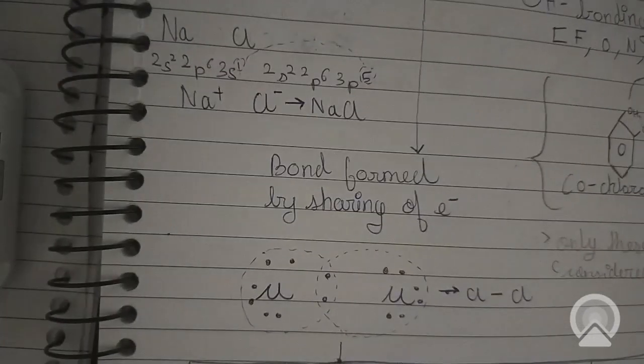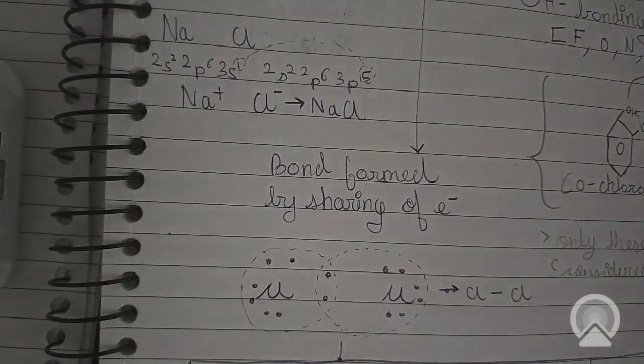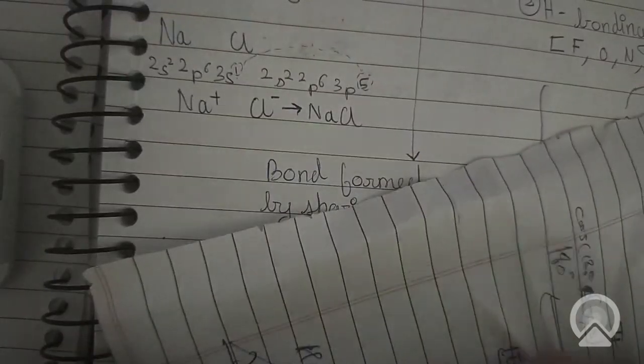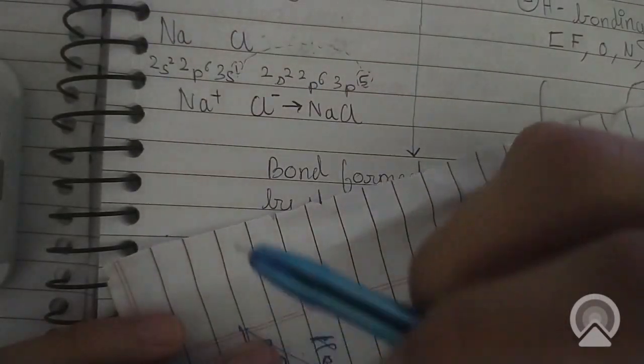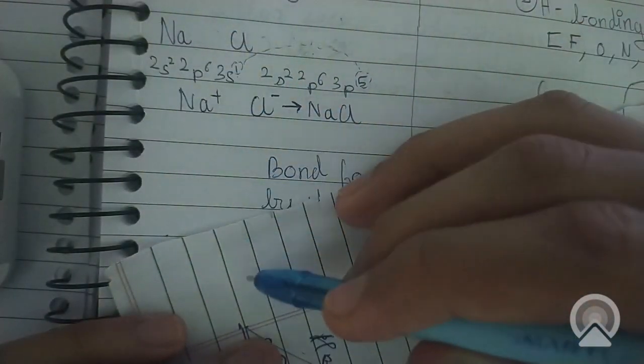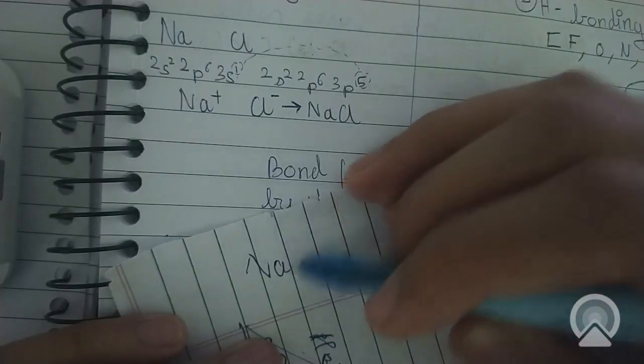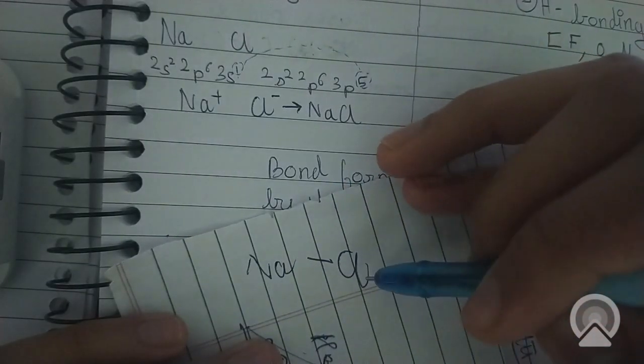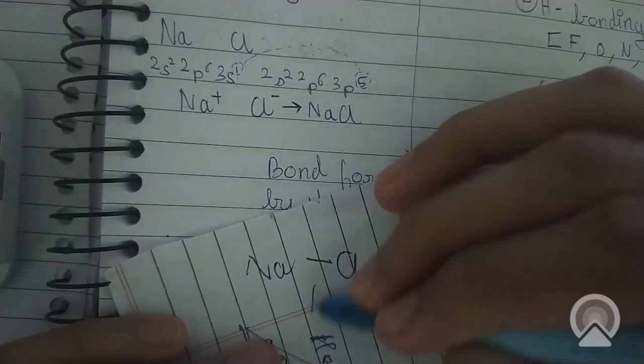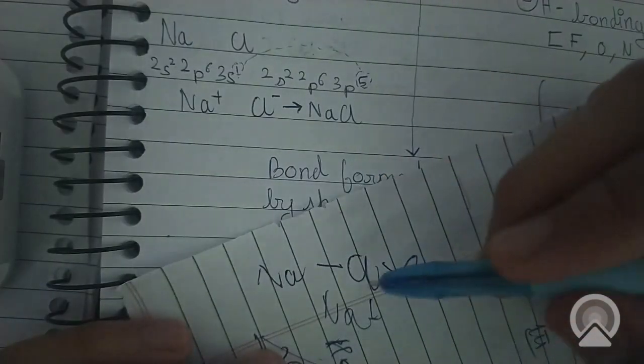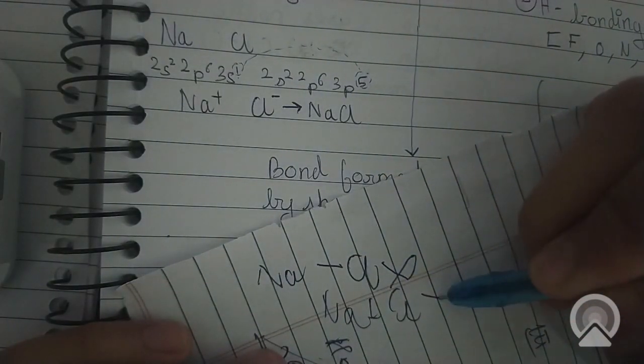Remember that when you represent ionic bonds, you cannot represent it like this: Na bonds with Cl. No, this is wrong. You have to write Na plus, Cl minus.